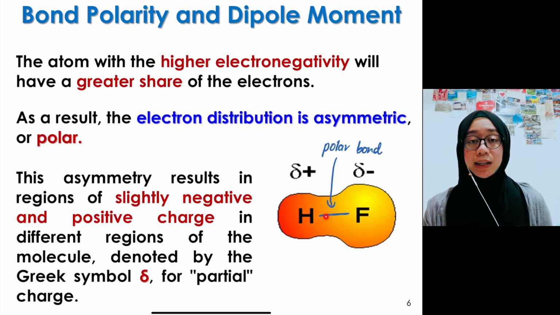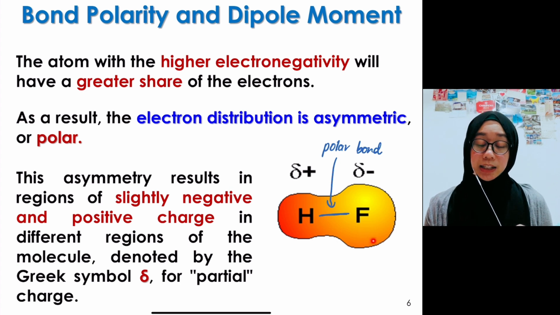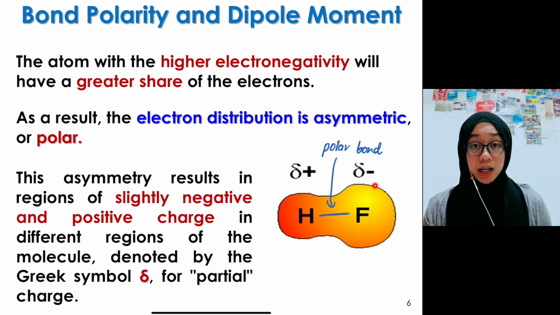Tapi bila dia share electron ni pula, it depends on the electronegativity pula. Kalau ada one atom that has a higher electronegativity, in the case of F kat sini, so elektron lagi suka dekat sebelah dia ni kan. That is why kalau lagi banyak elektron, menyebabkan fluorine punya side ni is what we say to be partially negative.